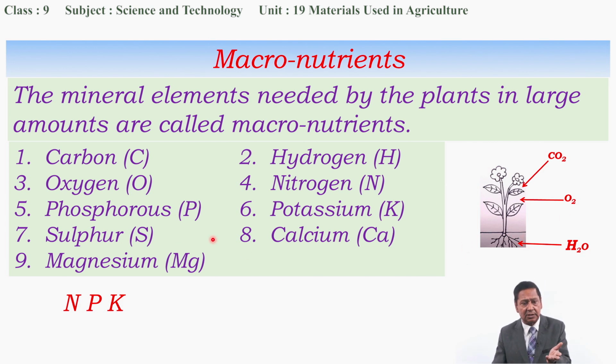Besides this, sulfur, calcium and magnesium are also necessary, but we don't have to supply them because they are present in the soil in adequate amount. But maybe nitrogen, phosphorus or potassium may be present in less amount. We have to supplement this with the help of fertilizer.